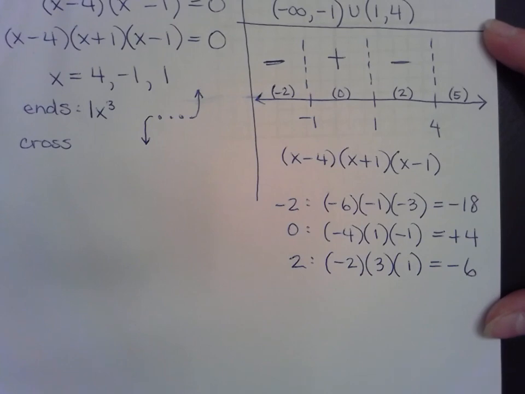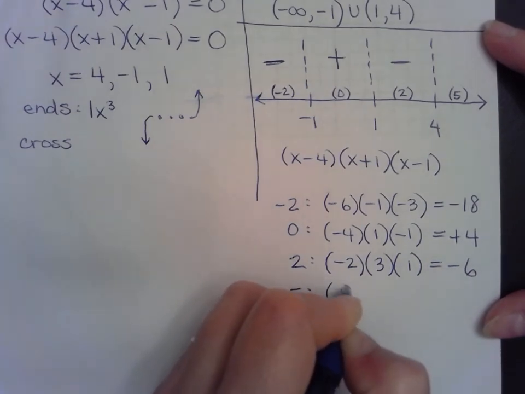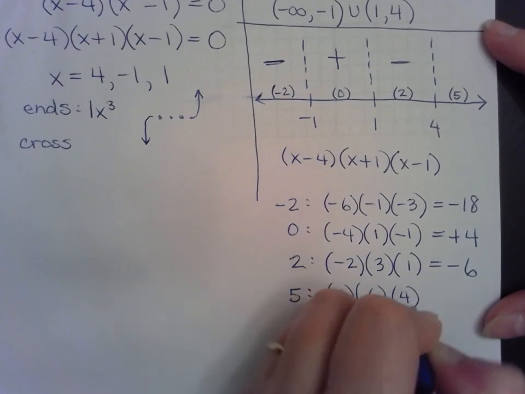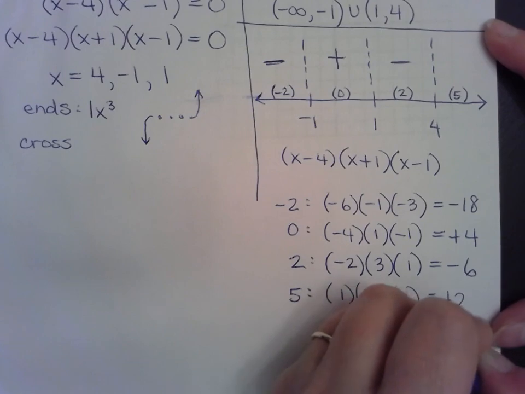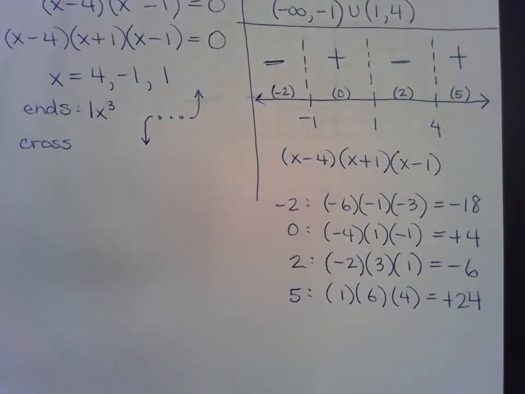So negative. And then if I plug in 5, I'm going to have 1 times 6 times 4. So that's +24, which is positive.